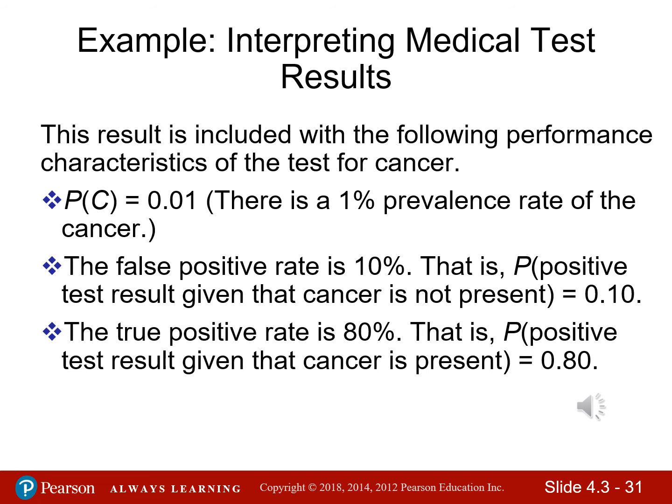That is to say that the probability of a positive test given that cancer is not present is equal to 0.10. And finally, the true positive rate is 80%. That is to say that the probability of a positive test result given that the cancer is present is equal to 0.80.